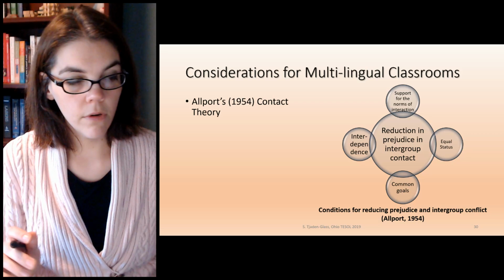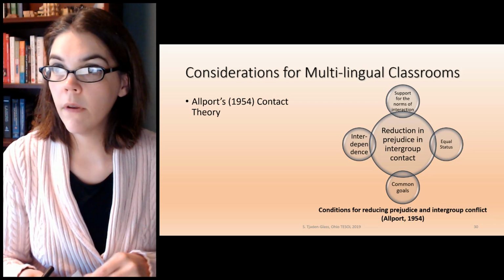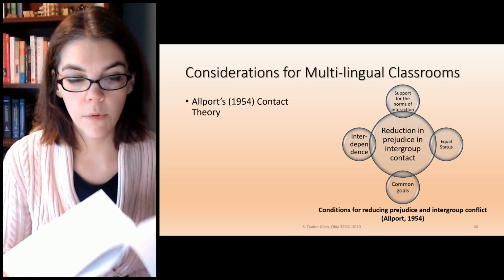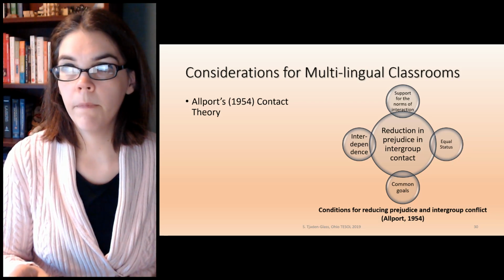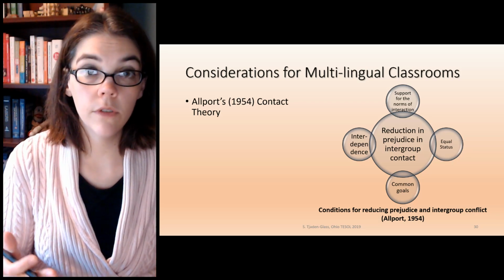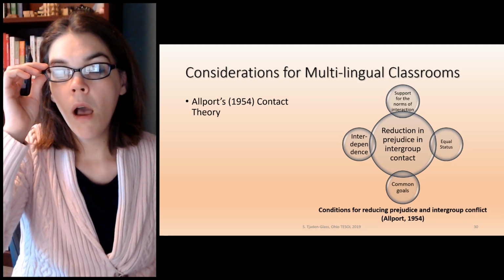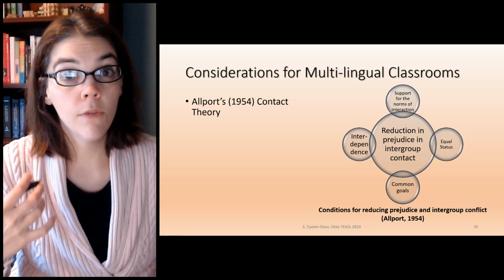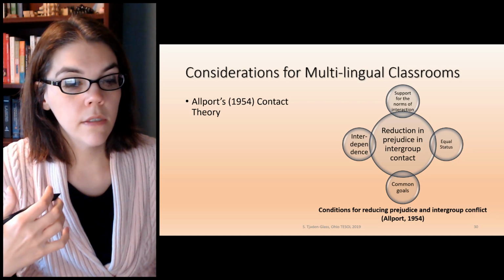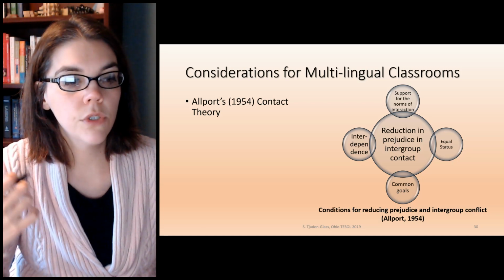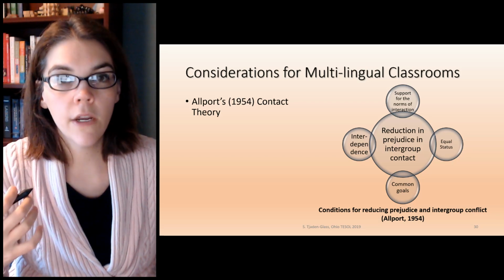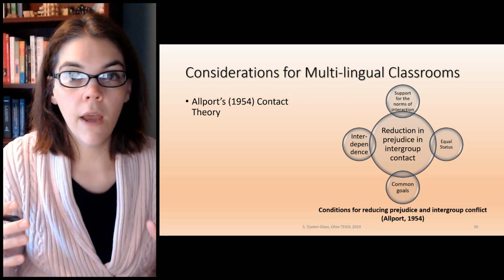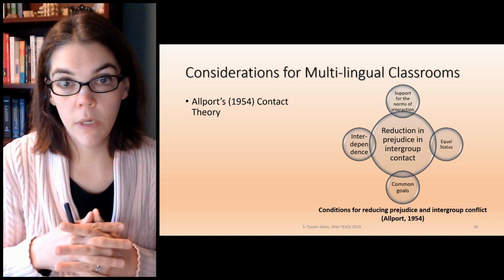So some considerations I want to bring up here for multilingual classrooms. If you teach English to a classroom with a lot of students from a lot of different languages, Allport's contact theory is really helpful in thinking about how to create assignments, activities, and interactions between your students that reduce prejudice between them.